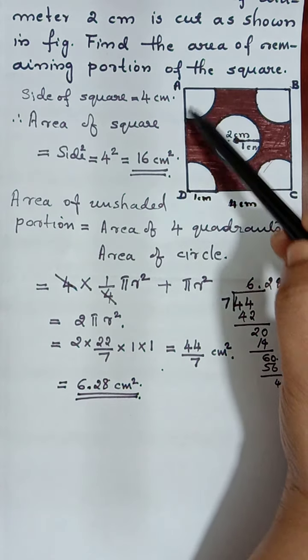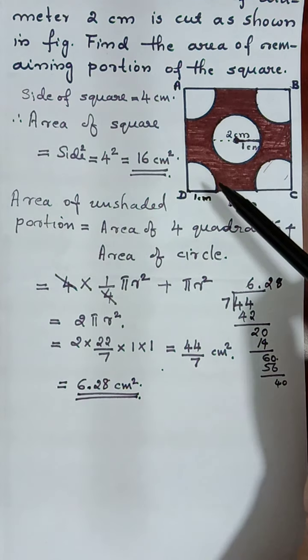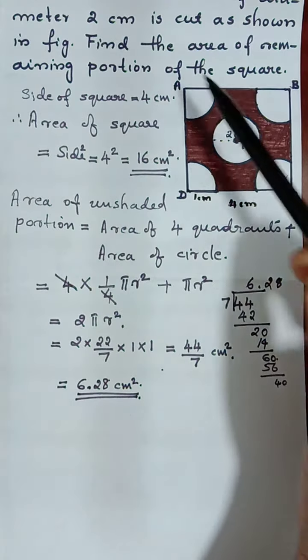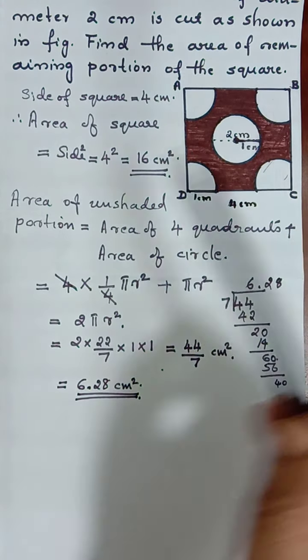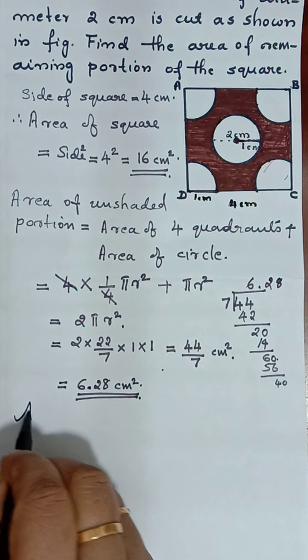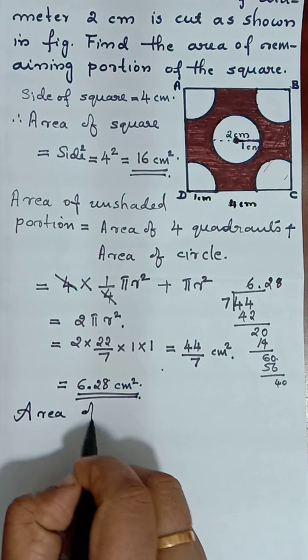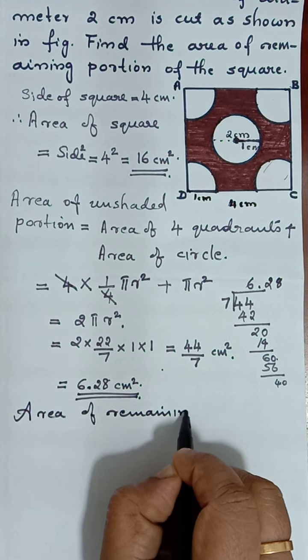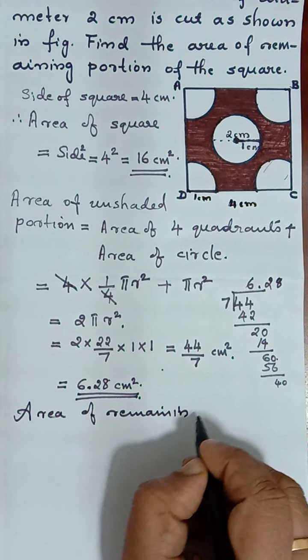Here we got the area of the square and now we got the area of all this unshaded portion. Therefore, let us come back to the question. Find the area of the remaining portion of the square. The meaning of remaining portion here, it is actually the shaded portion.